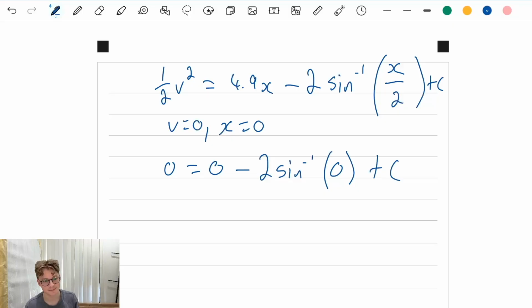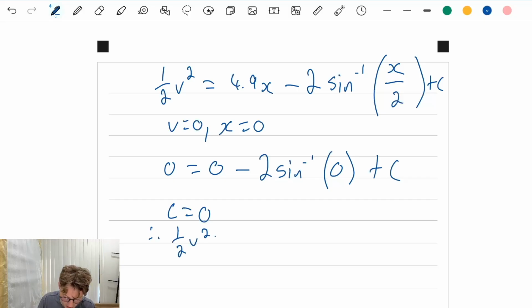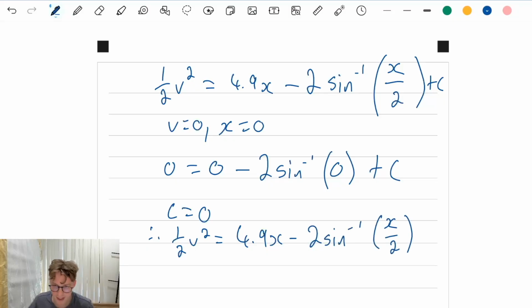Well, I know sine of 0 equals 0. So I'm going to wind up with c equals 0, which is great. I don't need to consider it, and I therefore get this expression, where a half v squared equals 4.9x minus 2 sine to the minus 1 of x divided by 2.